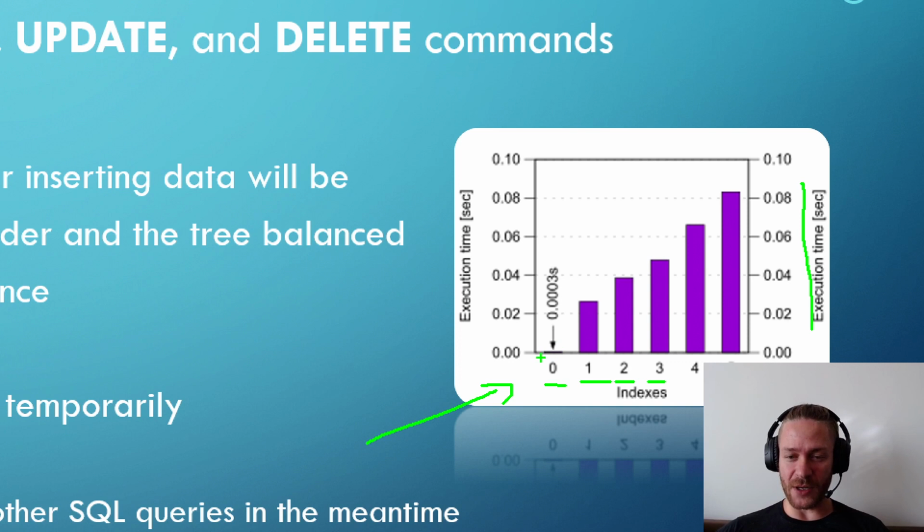If we have a query which executes as fast as possible for this amount of time, when we add one index, we can see that the penalty is huge compared to adding a second index, because this difference here is a lot less, maybe half, but that depends on the query, than not having indexes at all.